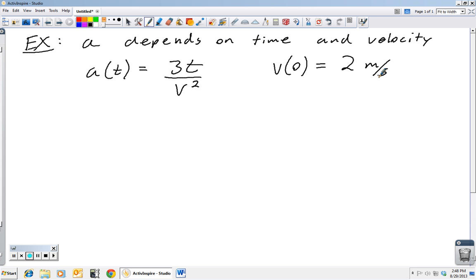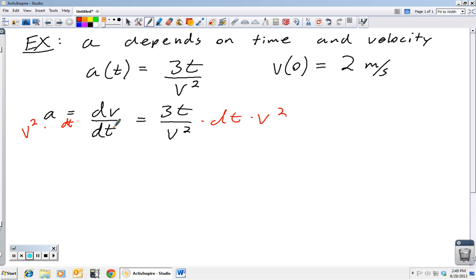So we know that the acceleration is equal to the derivative of velocity with respect to time, and that's equal to our 3t over v squared. So now again, separation of variables says we get everything with a v on one side and everything with a t on the other. So let's multiply both sides by dt, and let's multiply both sides times v squared.